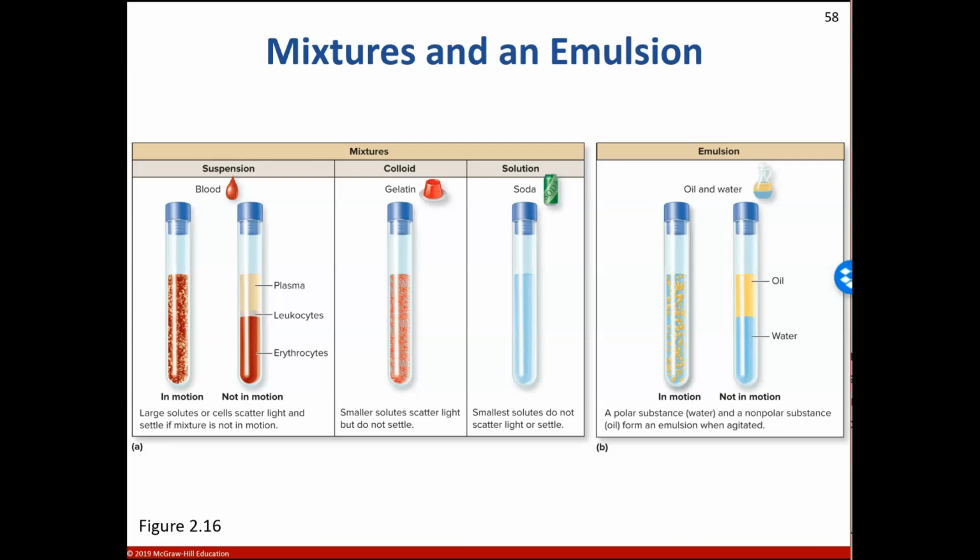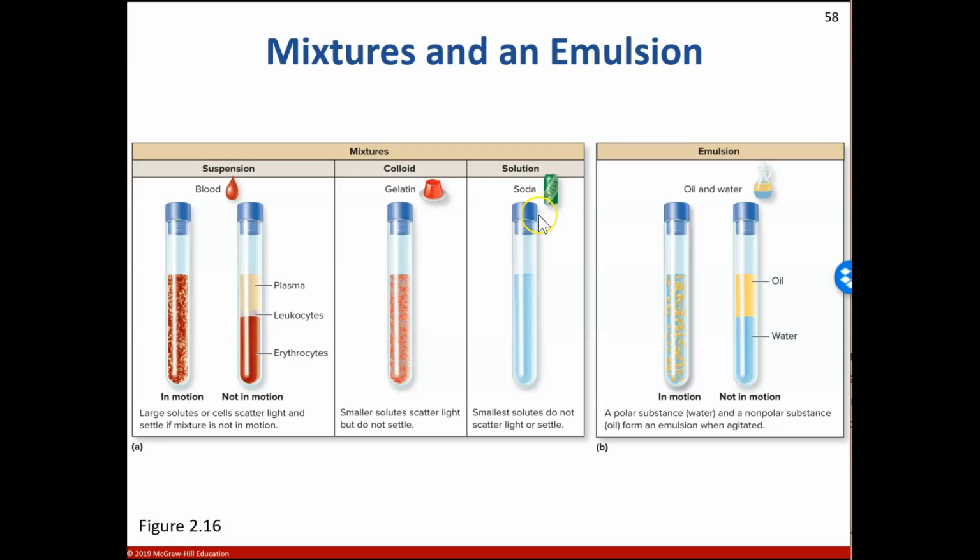Here is a figure from your book also depicting some of the mixtures that we just discussed. Here we see suspension, in which we are looking at our blood in motion versus not in motion. Our colloid, which you can also compare to like jello or gelatin.